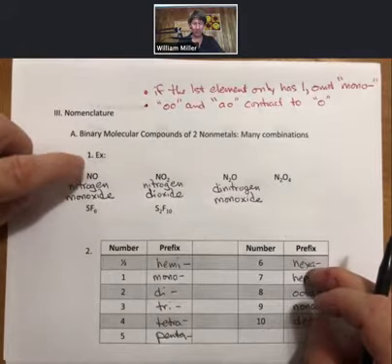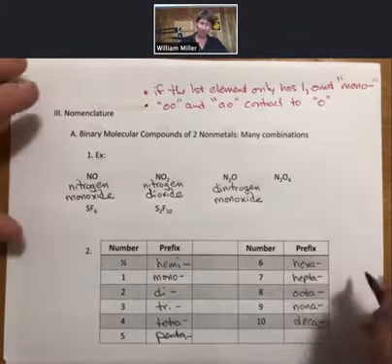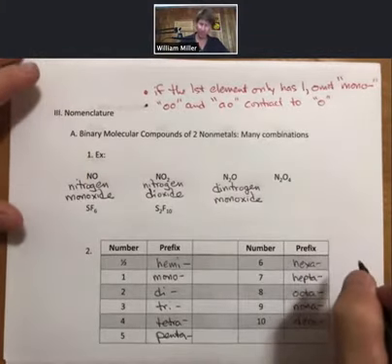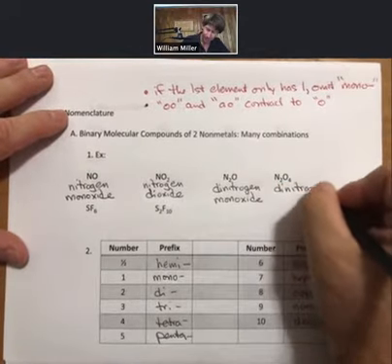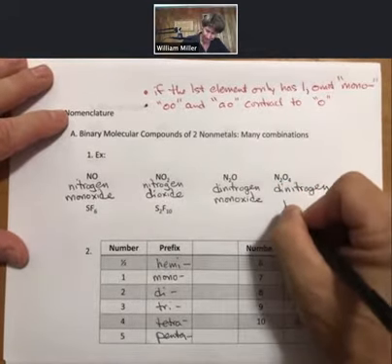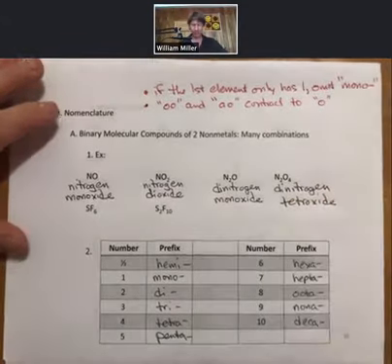Bi means two. Molecular, meaning it's a molecular compound made of two elements. You can put them together in this way. But you do have to memorize your number prefixes. Dinitrogen for this last one over here. Tetroxide, like so.